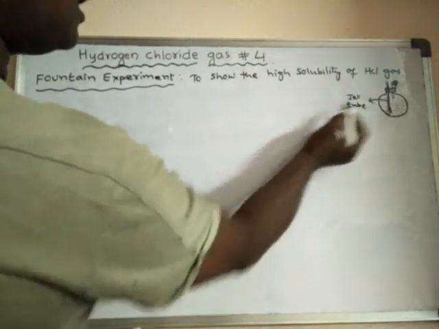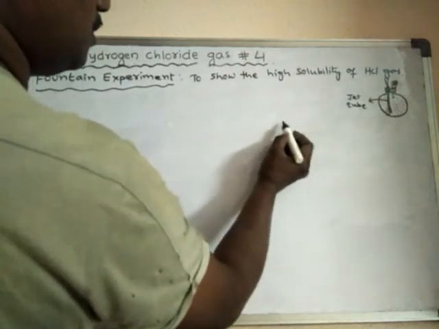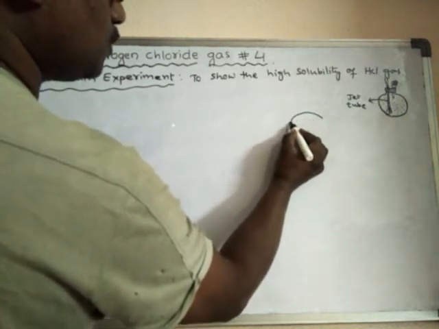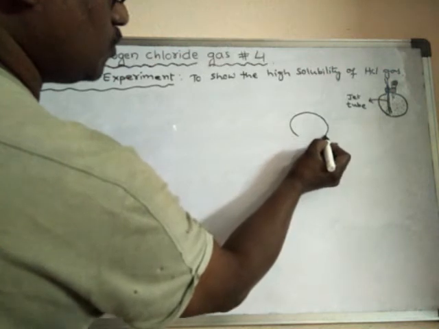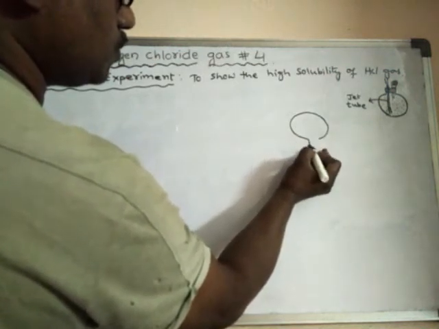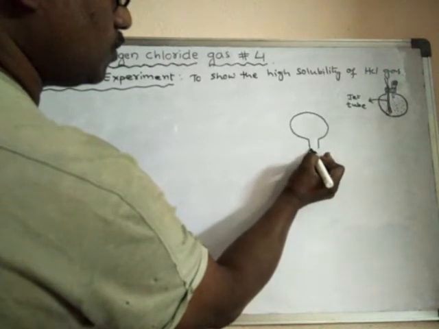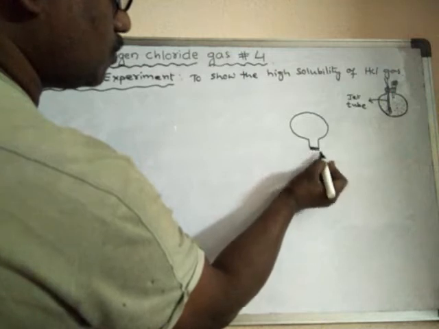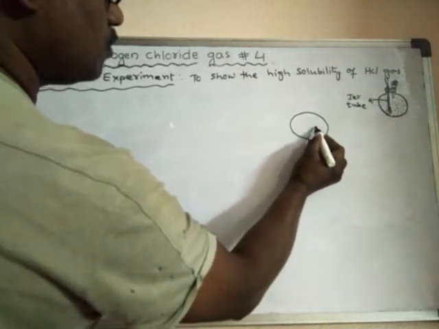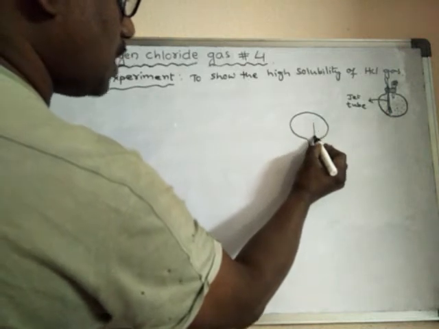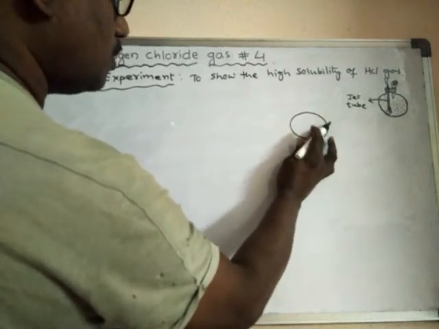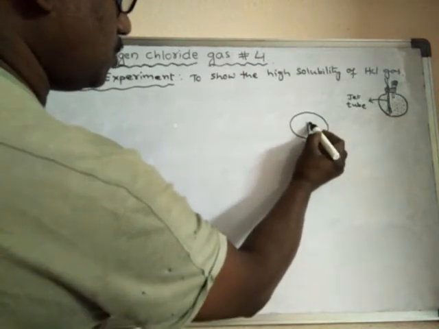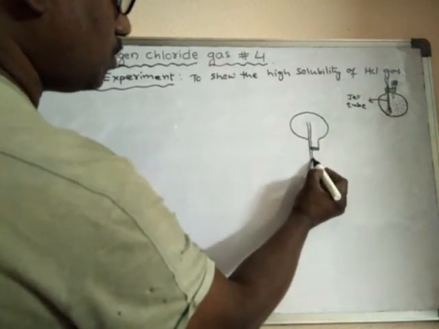Let us see how it is clamped. One hole is having the jet tube.